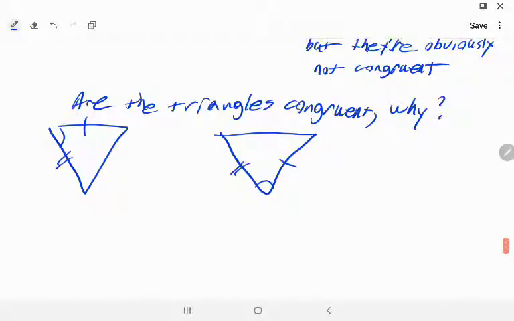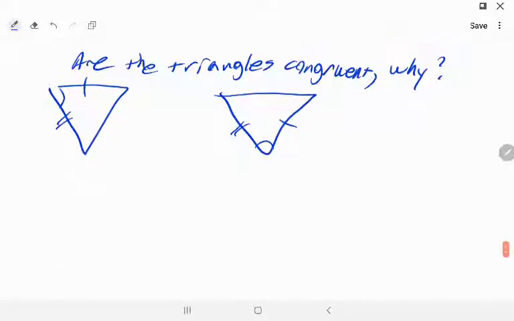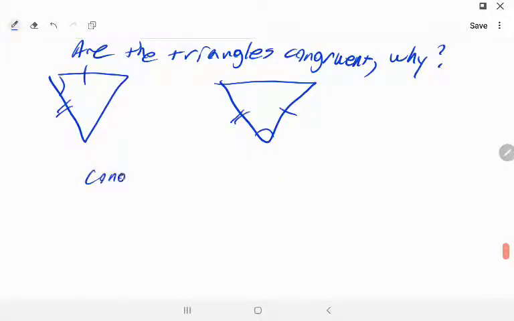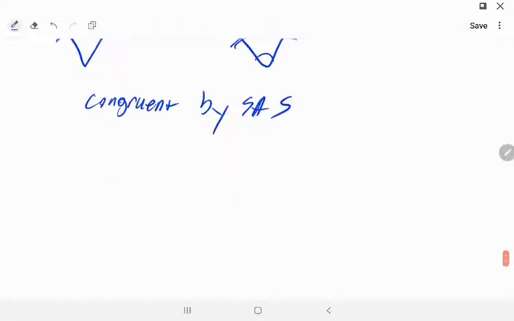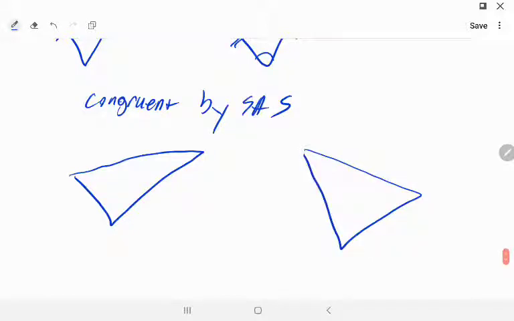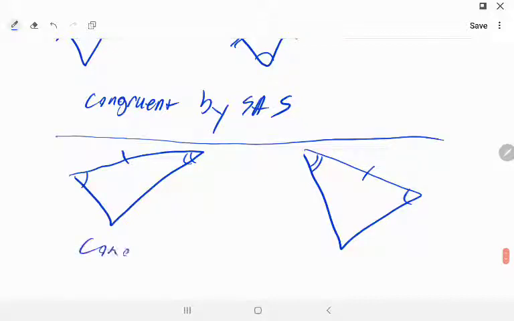We've got side angle side: two pairs of corresponding equal sides, and the included angle is equal, so they're congruent by side angle side. And if we had two triangles like this, notice the tick marks, two pairs of angles are congruent, and an included side is congruent, so these two are congruent by angle side angle.